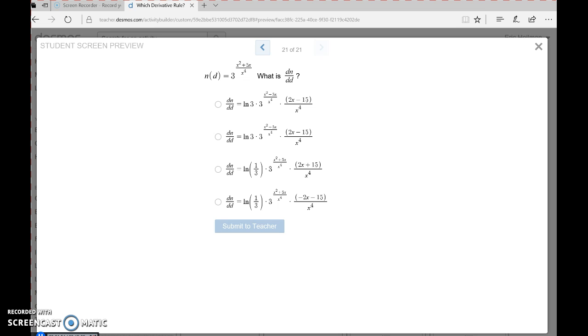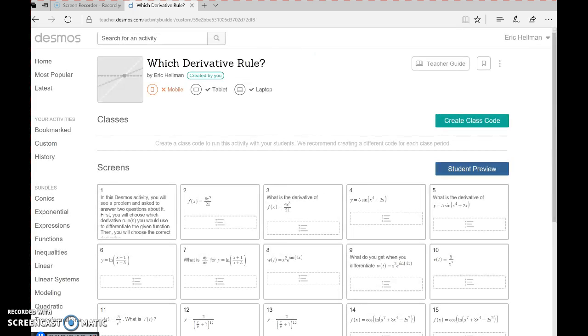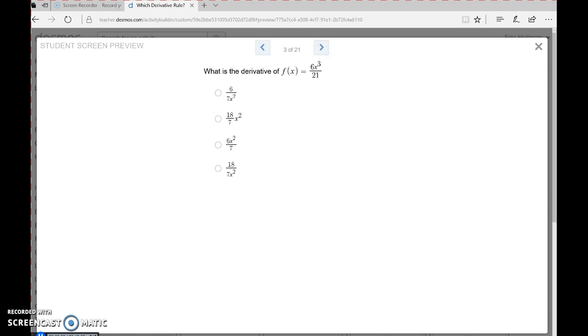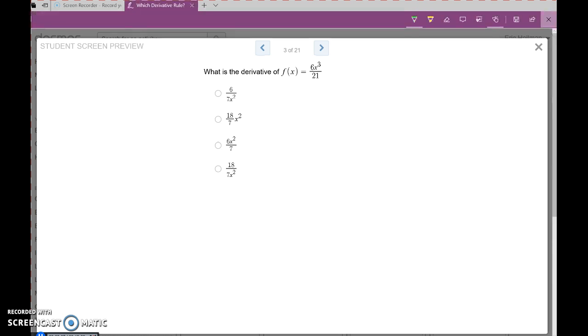Okay, so now I'm going to rewind and start going through the answers. Okay, so if I were doing this problem, I would use the power rule. So this is the same thing as 6/21 x cubed.